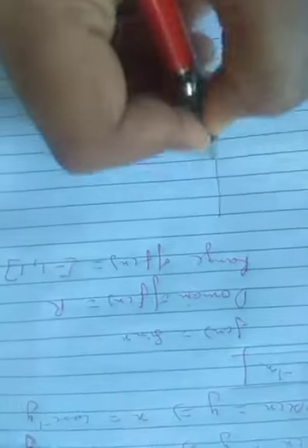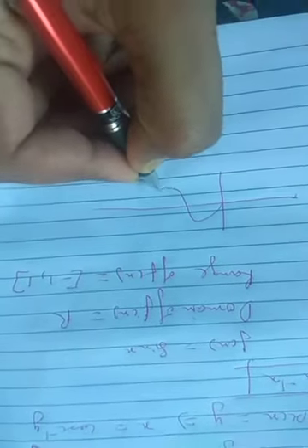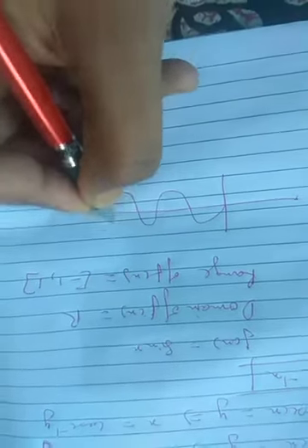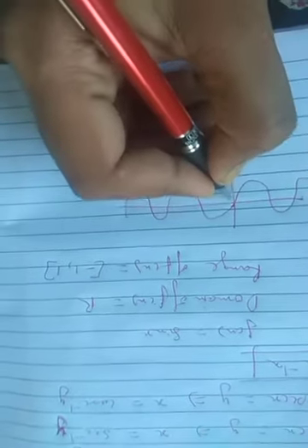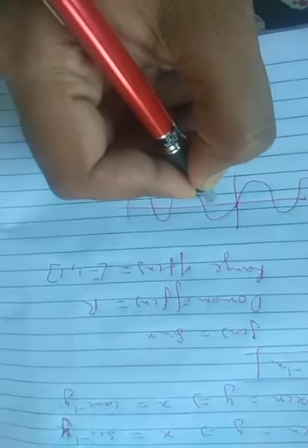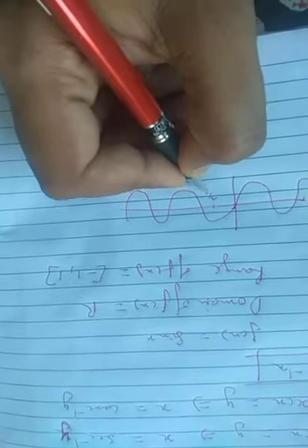Now if we are talking about the inverse of the function, we take the same portion of the graph. The sin x graph is like this. Here we have 0, and this is pi by 2. Sin pi by 2 equals 1.